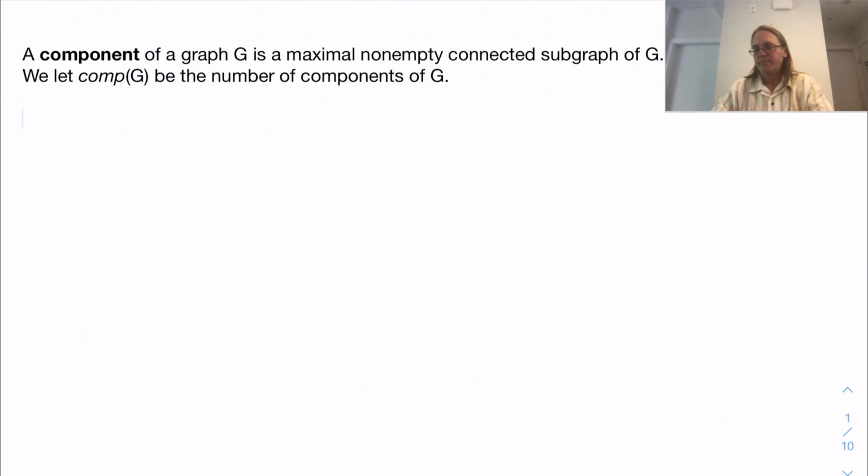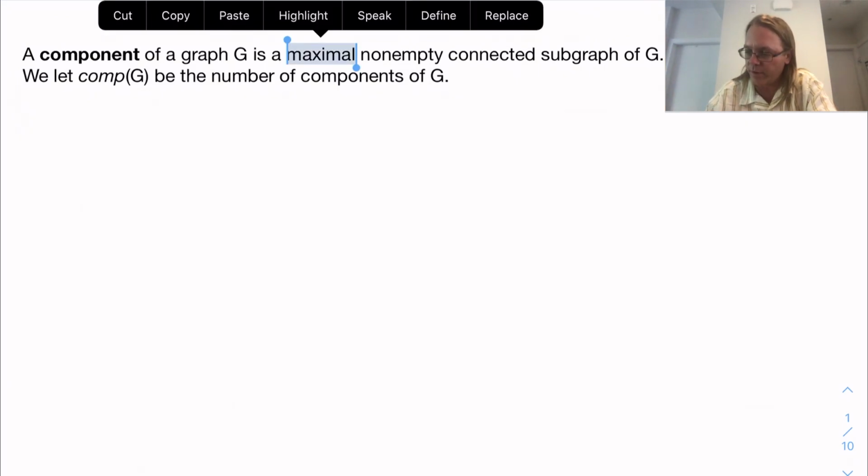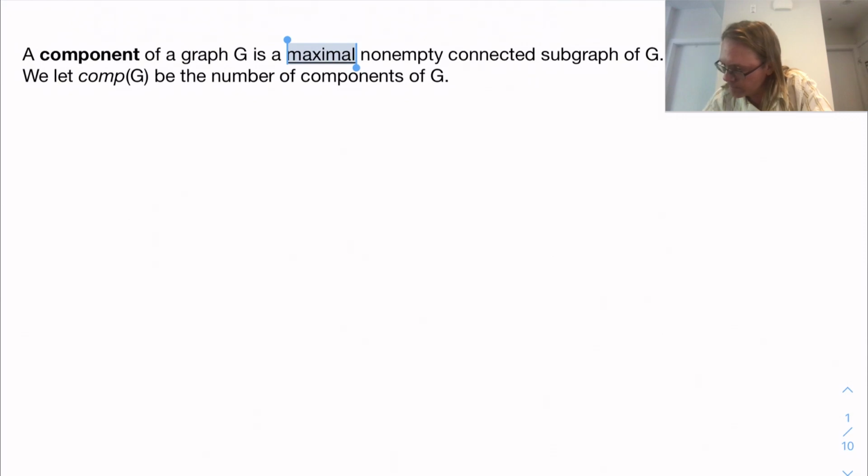Now, there's a very important word here that is a little bit subtle, and I think it deserves some attention because it's maybe not the most familiar concept for everyone. And that's this word, maximal. Now, we're certainly well familiar with the concepts of maximum and minimum, right?